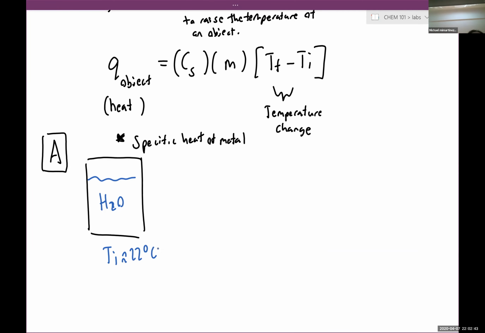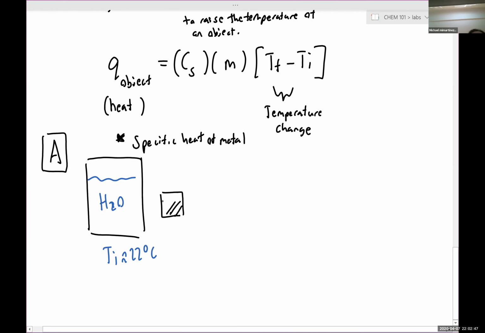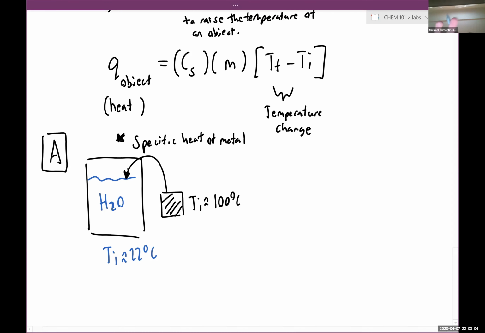We are going to take a metal block and we are going to heat the metal block to an initial temperature of about 100 degrees Celsius. Okay? And then we're going to drop our metal block into our water. Okay?